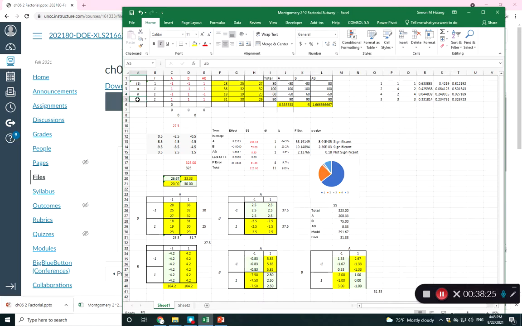When both A and B are high, it's called ab. And when both A and B are low, since I don't have an expression, some people use 0, 0. But in this class, we use Montgomery's notation. We'll put a parentheses 1, meaning this is my baseline, low, low. So the notation here is (1) for low, low, a for A is high, b, and ab.